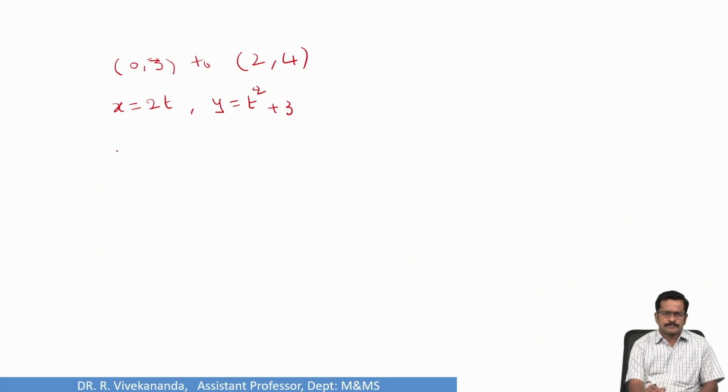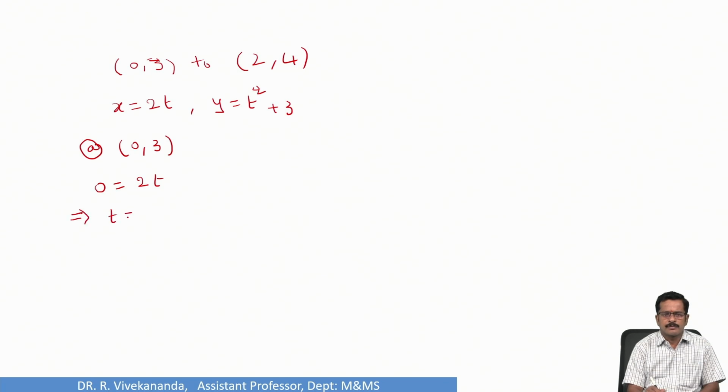At the point 0, 3, x is 0, which is equal to 2t, so t becomes 0.